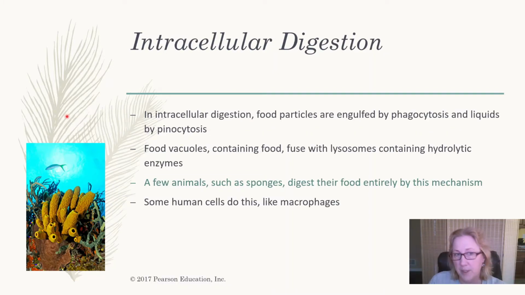Some of the more primitive animals like sponges and cnidarians and even flatworms have what we call intracellular digestion. They absorb particles of food not by breaking them down and then absorbing the nutrients like we do, but by engulfing those small food particles in vesicles and then bringing those vesicles inside of the cells and then digesting them that way, using lysosomes fusing with them and peroxisomes fusing with them.